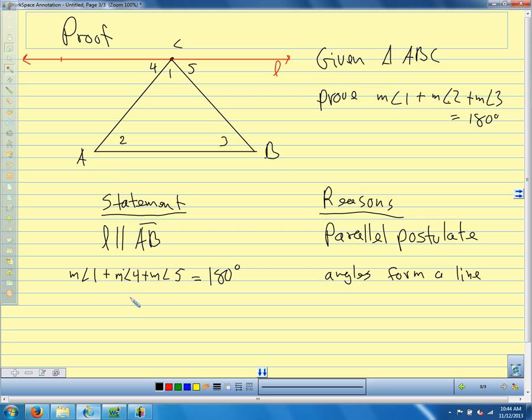So we know that the measure of angle 2 equals the measure of angle 4 because they are alternate interior angles. How about angles 3 and 5? They are also alternate interior angles. So measure of angle 3 equals measure of angle 5 for the same reason.